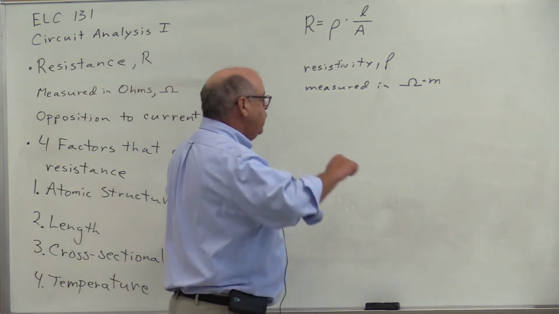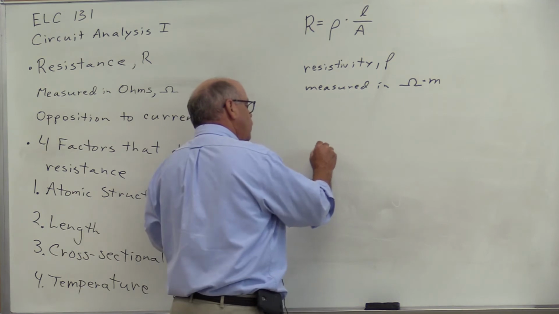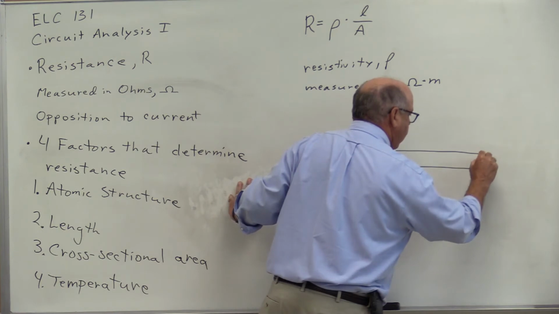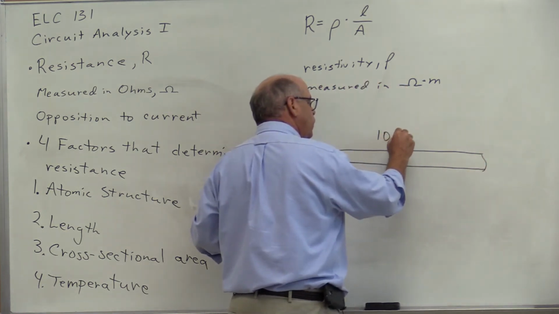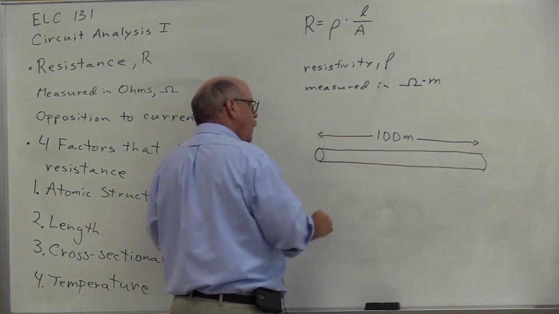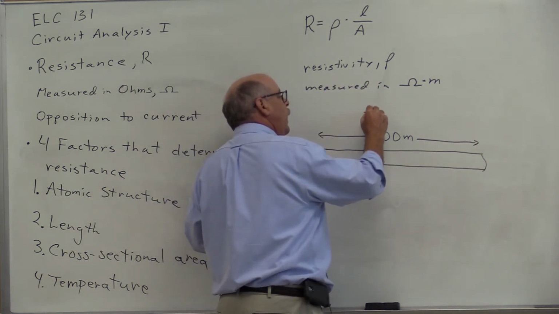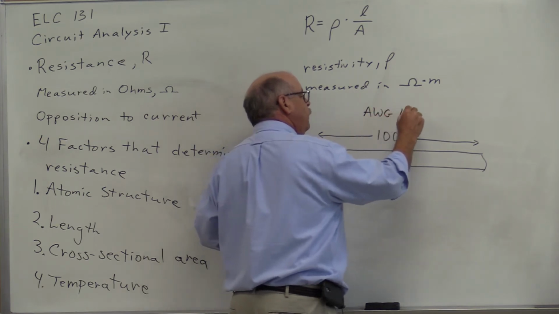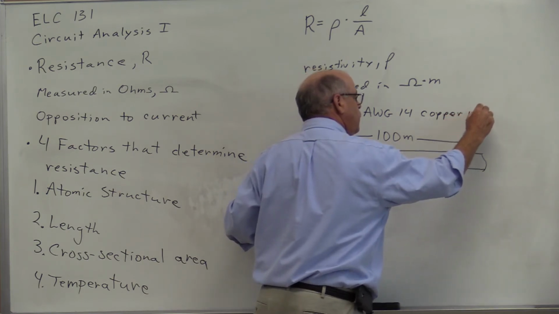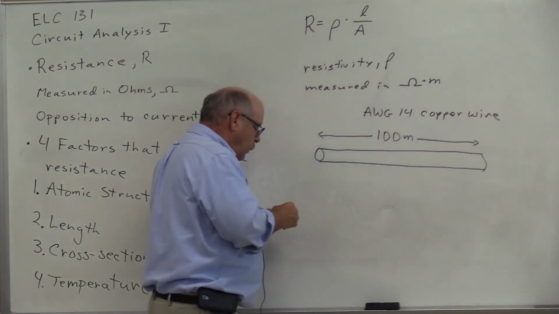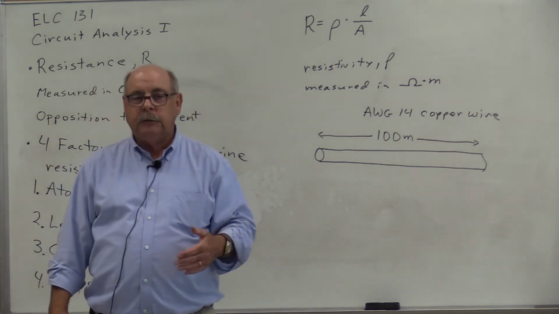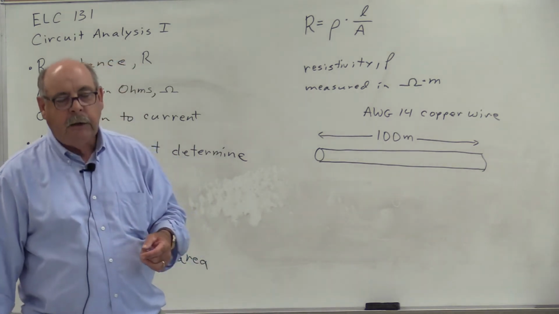So let's look at an example. Let's suppose that we have a 100-meter length of what's called AWG 14 copper wire. 14-gauge wire was commonly used in your homes for the lighting circuits and the non-kitchen receptacles.